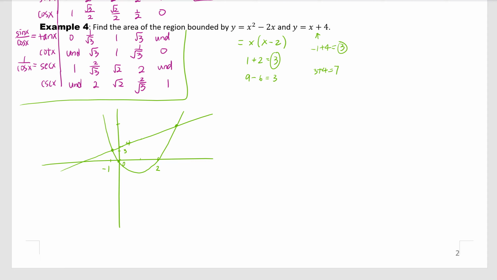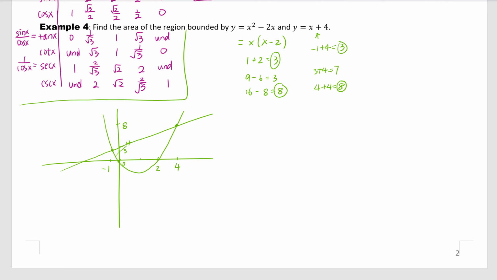That's not the intersection point. So let's go to 4. Let's see whether 4 works. 4 squared, 16, minus 2 times 4, 8, is 8. Oh, 4 plus 4 is 8. See? They match. So they meet at 4 and 8. So far, so good. See, now we have found the 2 intersection points.